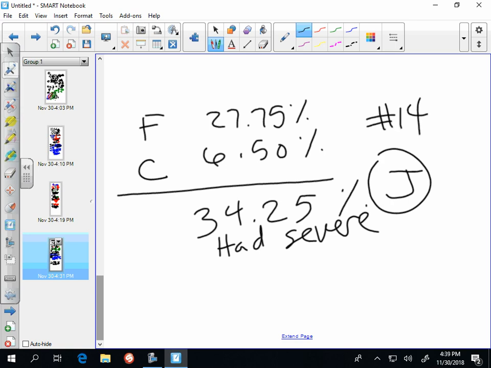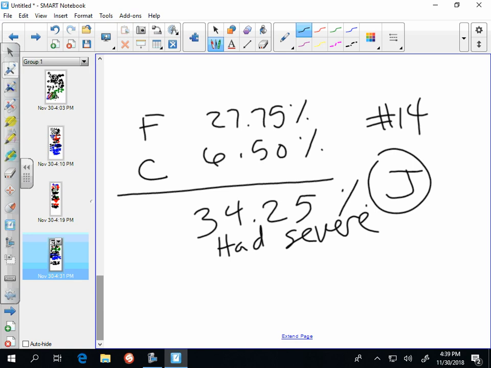But wait, we're not done with this table yet. We use this chart for problems 14, 15, and 16. So let's move on to number 15. How many more participants experienced mild or no side effects than severe side effects? Let's count up all the mild or no side effects.